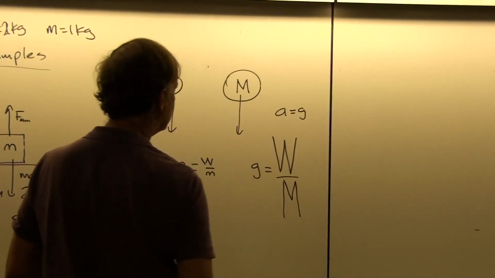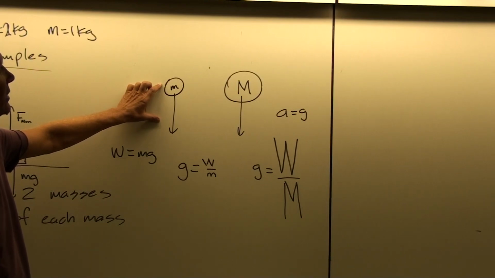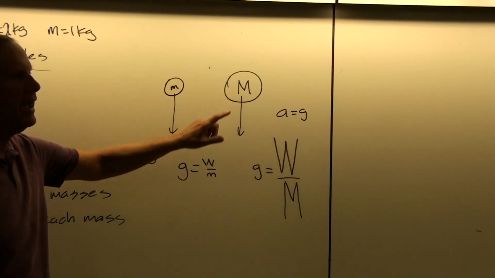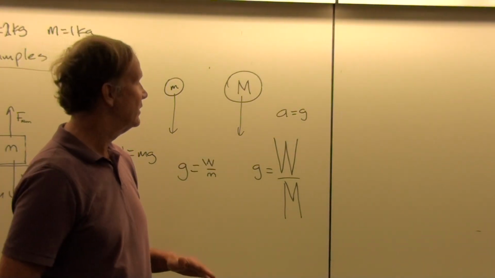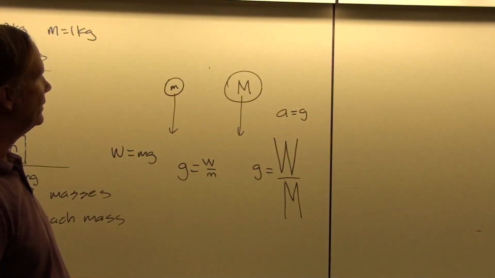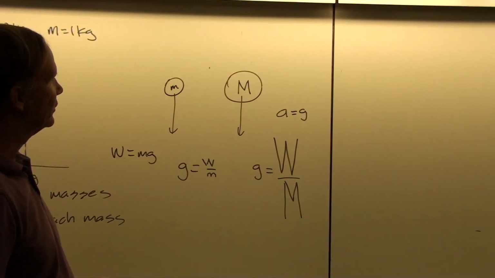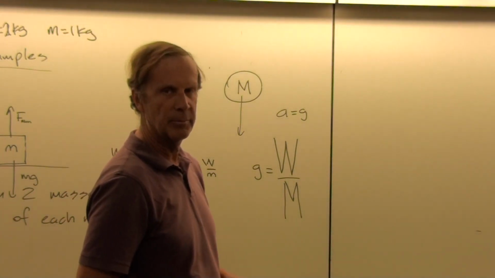So even though there's more force acting on the object, there's also proportionally more mass because the force is directly proportional to the mass. So this is the reason why they both fall at the same rate under the influence of gravity, unless there's air resistance. And of course, air resistance can make a big difference.